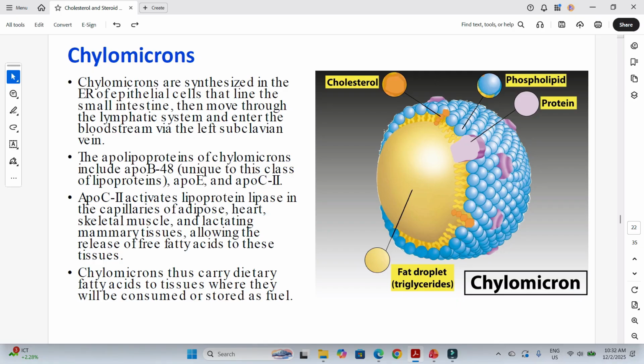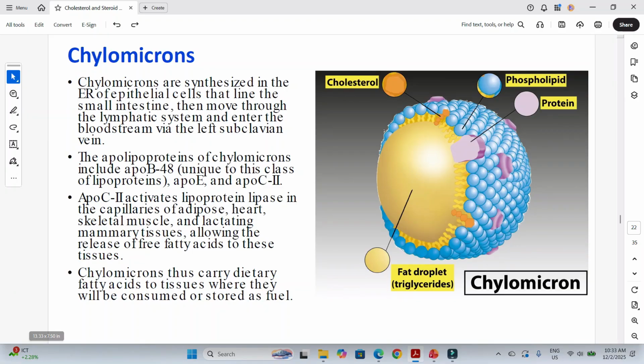So what is important to take note is that ApoC2 activates a lipase, right? And lipases, if you will remember in our earlier discussion, are enzymes that cleave triacylglycerols or triglycerides into fatty acids and glycerols. So, for example, ApoC2 here, once it activates the lipase in adipose, heart, skeletal muscle, and lactating mammary tissue, fatty acids will be released and made available to those particular tissues.